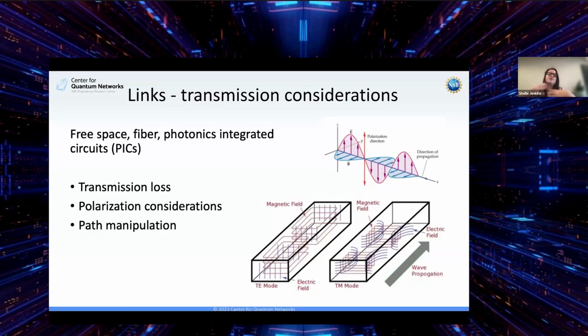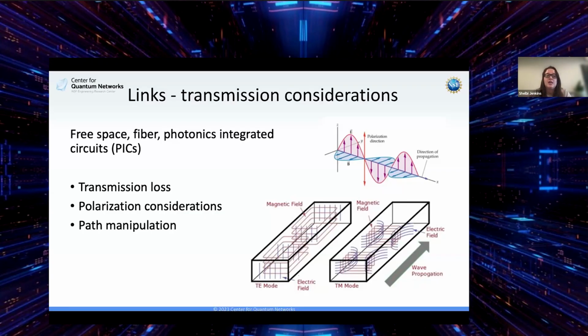And so for this reason, free space might be a little bit simpler when it comes to maintaining polarization, or just using polarization maintaining fiber, which also has higher transmission loss. And then the last thing that we want to consider is path manipulation, because like I've said, we've been talking about routing these photons to different consumer nodes across the network and rerouting them and reconfiguring them.